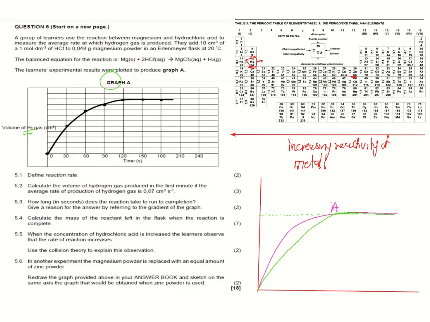But then basically, all of these two graphs here will produce the same volume of hydrogen gas, right? So it's just a matter that one will be much faster in doing it, and then the other one will be slower. So I'm trying to curve it nicely here.